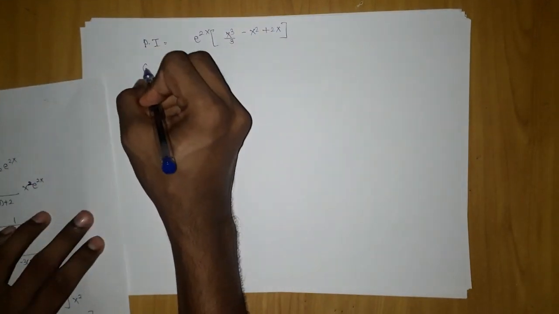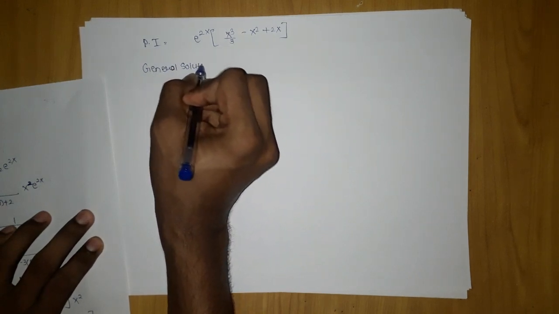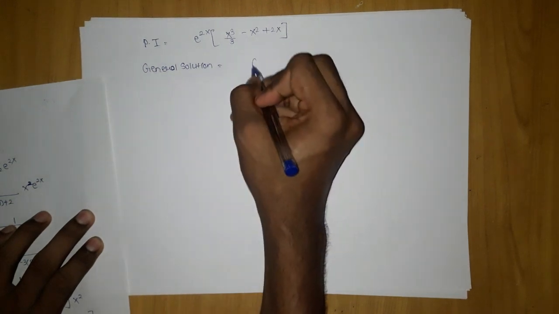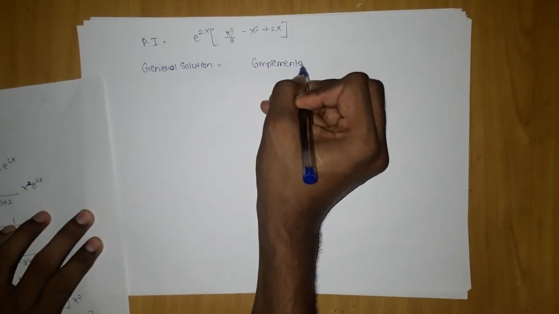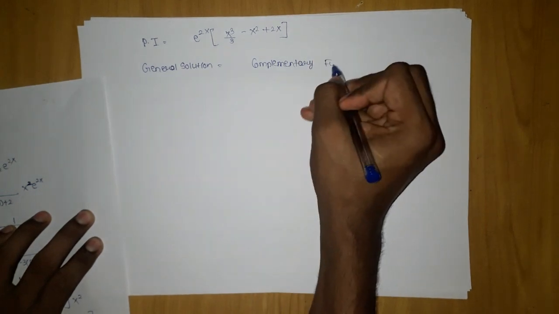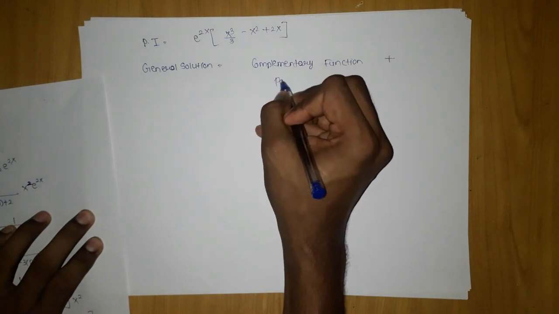Now the general solution is a combination of complementary function plus particular integral.